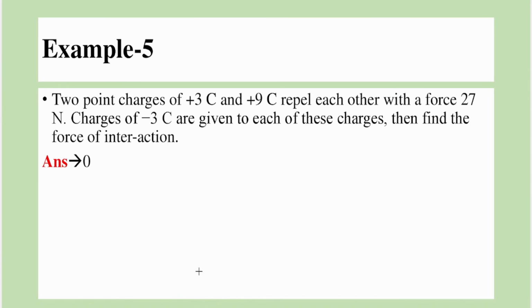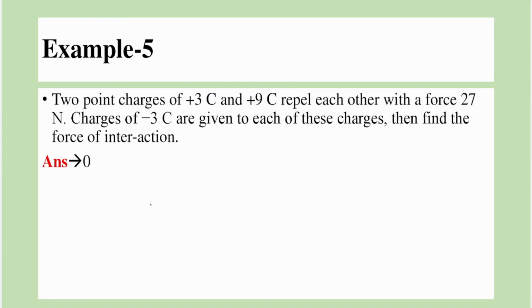Example 5 says, 2 point charges of 3 Coulomb and 9 Coulomb repel each other, because they have same polarity, with a force of 27 Newton. Charges of minus 3 Coulomb are given to each of the charges, then find the force of interaction. This is a very straightforward numerical, a simple numerical also.